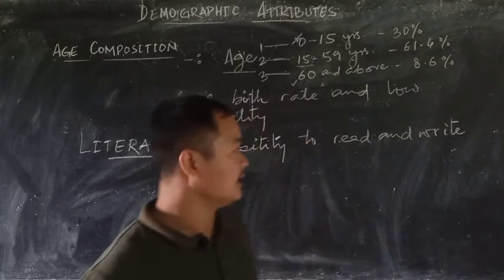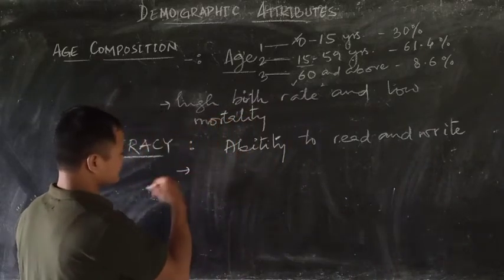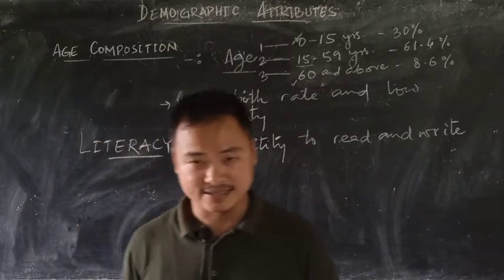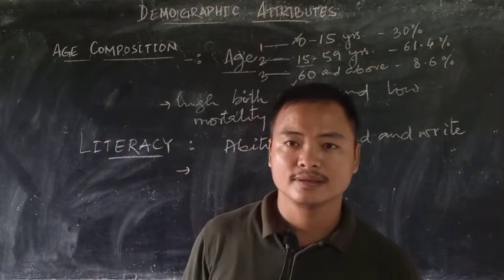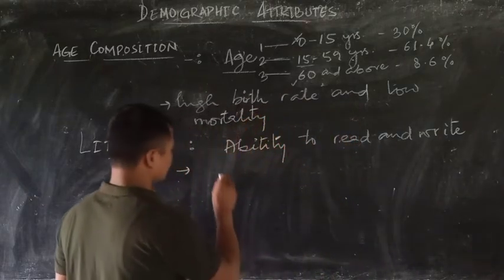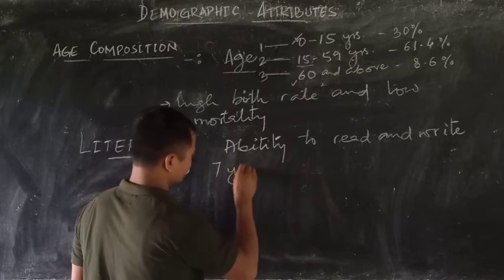Hence, in India, the literacy level is accounted as per the 1991 census. The literacy level is accounted from 7 years and above.